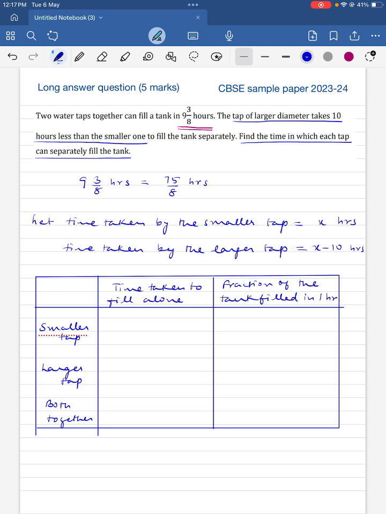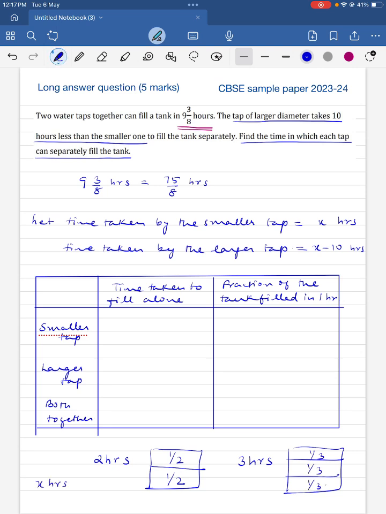Like if a tank gets filled in 2 hours, then how many parts of the tank will get filled in 1 hour? Won't it be 1/2 parts? Also, if a tank gets filled in 3 hours, then in 1 hour, 1/3 part of the tank would get filled in. The same way, if a tank gets filled in x hours, how many parts of the tank will get filled in 1 hour?